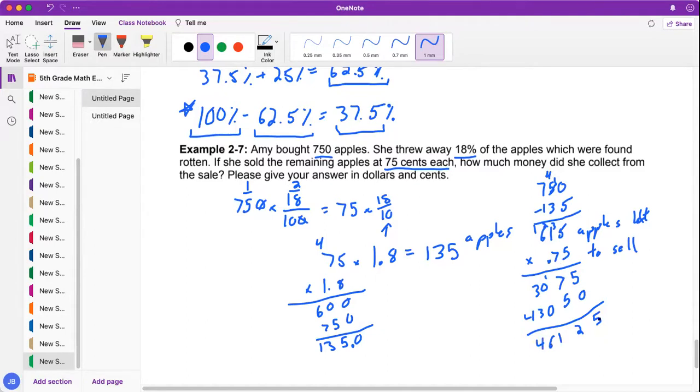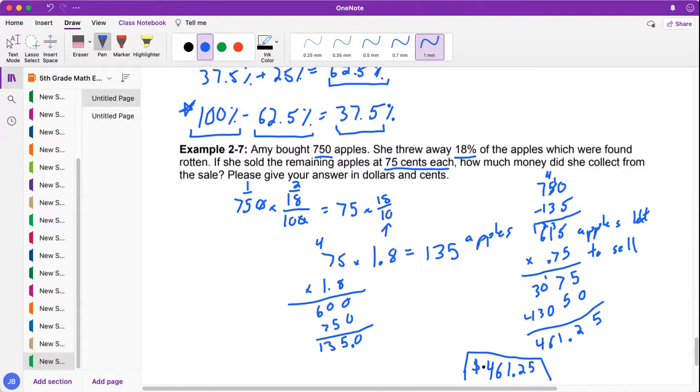And then 1, 2, 1, 2. So we should have something like 461 and 25 cents. Let me make sure those are right. So we'll do 615 times 0.75. Perfect. Okay. And that's it, right? 461.25. That answers that whole question.